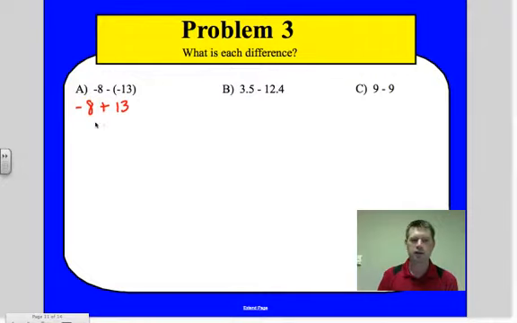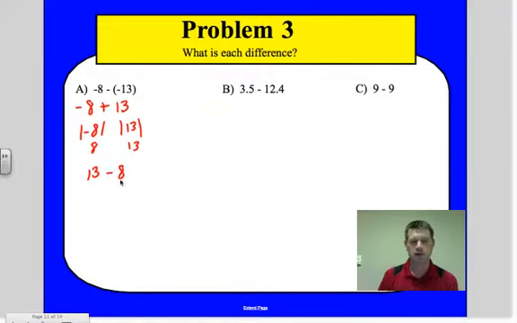Now those are different signs. So what we have to do is take the absolute values. Absolute value of negative 8 is 8. Absolute value of 13 is 13. After you get the hang of absolute values, you really don't have to write that step out. But now, since it's going to be subtraction, we're going to take 13 minus 8.